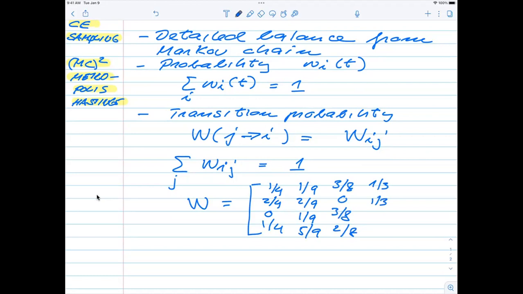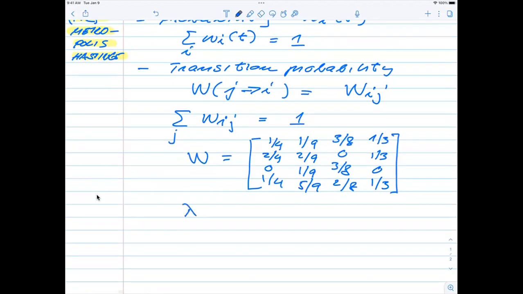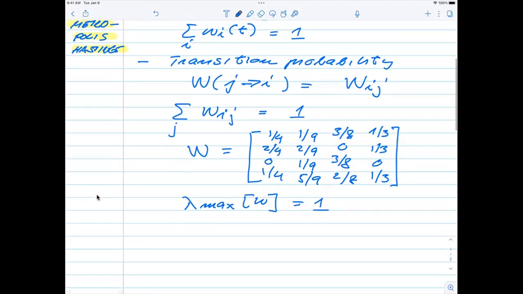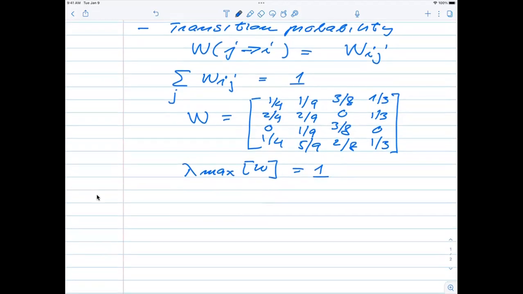And a stochastic matrix has also the property that its largest eigenvalue, so lambda max of this matrix W, is equal to 1. And when we set up a Monte Carlo Markov chain process, what we typically are looking after is a transition from a specific state, i, to a new state.